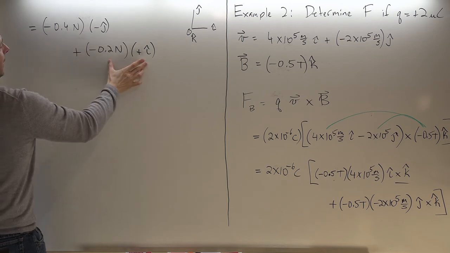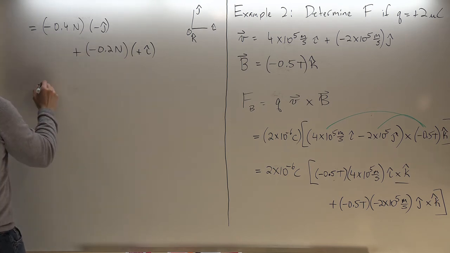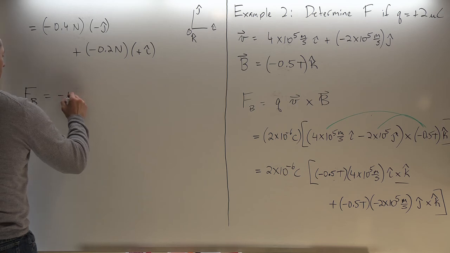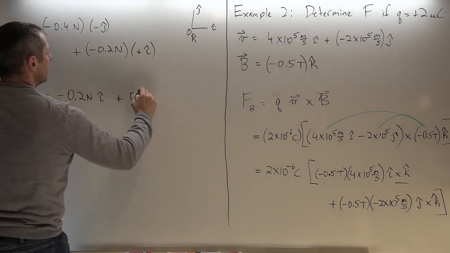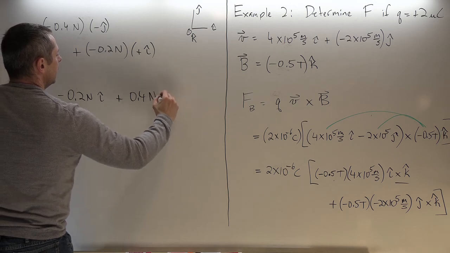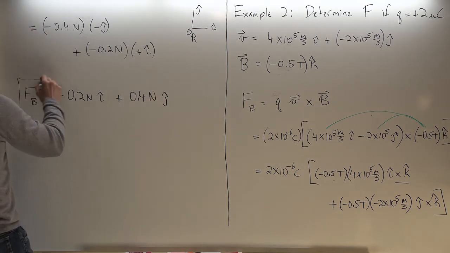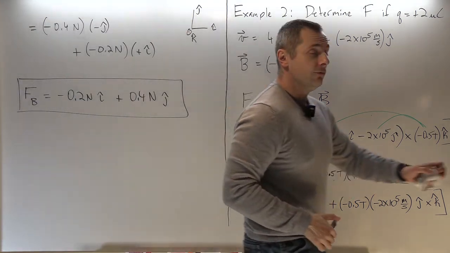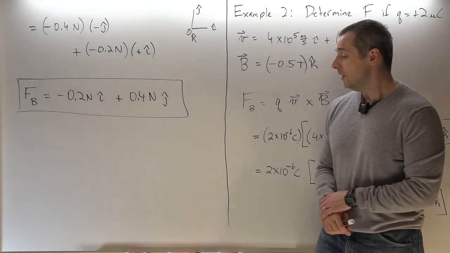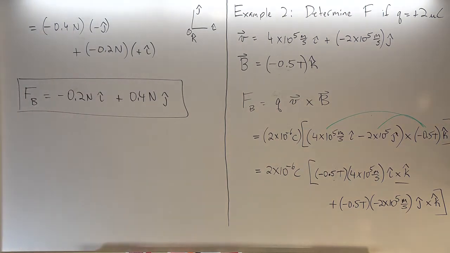So I have negative 0.2 in the x direction and positive 0.4 in the y direction. And there is the magnetic force found through vector cross product. So let me create a pause to allow you to copy this down.